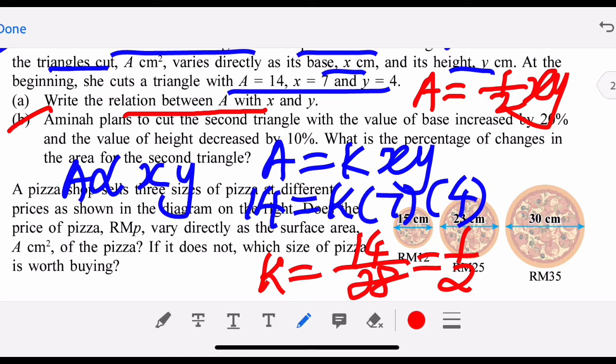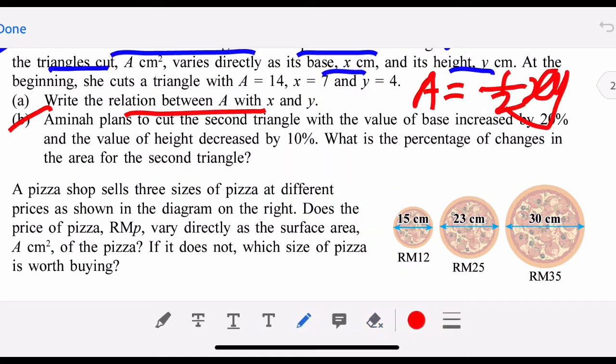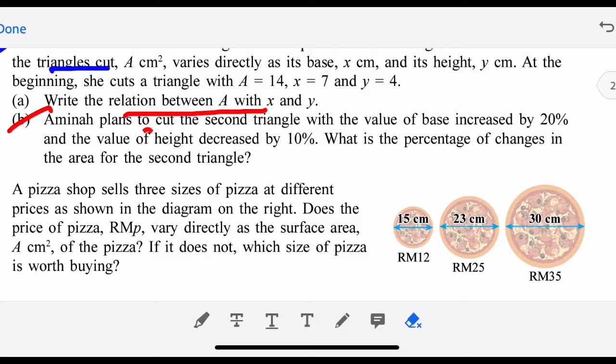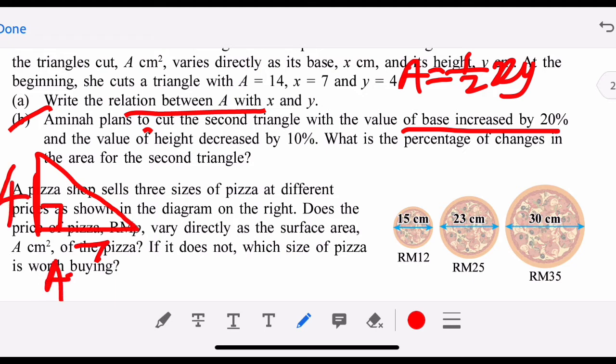Okay, then for B, how to do B? Amina plans to cut the second triangle with a base increased by 20%, right? So just now the answer is 1 over 2 xy. Now the base increased by 20%, meaning that just now the base was 7, the triangle like this, and then the height was 4 and area was 14.